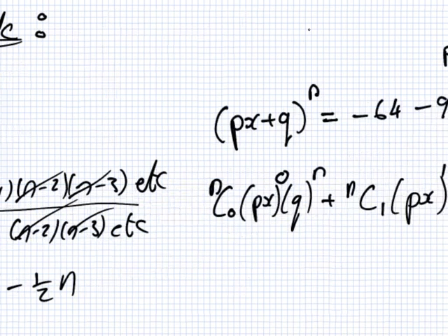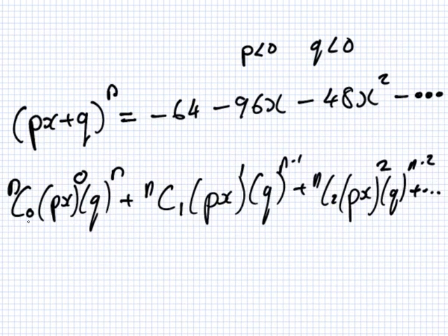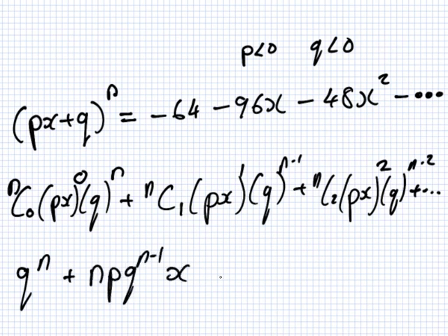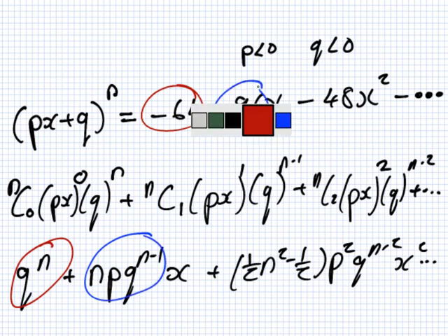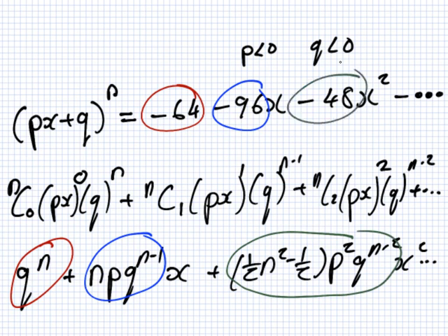Okay. So, we know that this is 1, this is 0, so this is q^n plus n p q^(n-1) x plus a half n squared minus a half n, p squared q^(n-2) x squared. By comparing, we can say q^n must equal minus 64, n p q^(n-1) must be minus 96, and this must be minus 48.